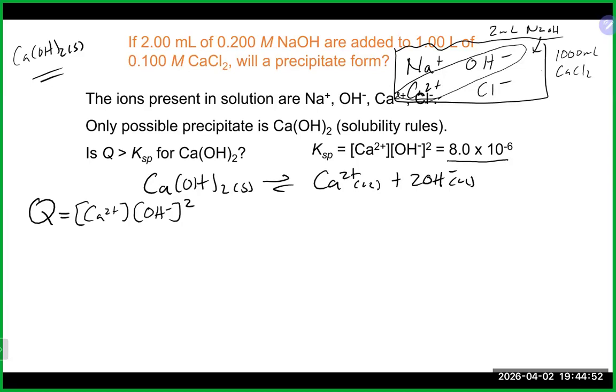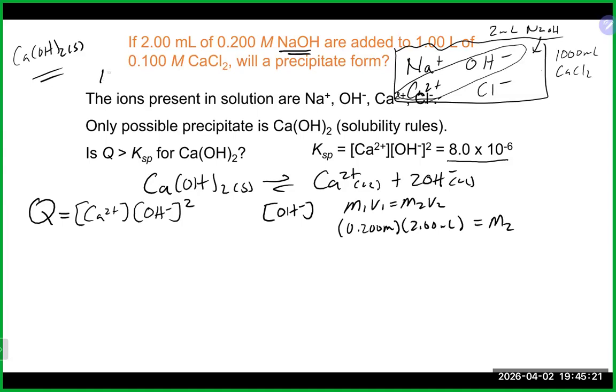So the actual source of hydroxide is coming from the sodium hydroxide. That's the only thing that has hydroxide in it. So we need to do a little M1V1 equals M2V2 action. Our M1 is going to be our 0.2 molar. Our V1 is 2 milliliters of it. We're looking for what its concentration is in the mixture.